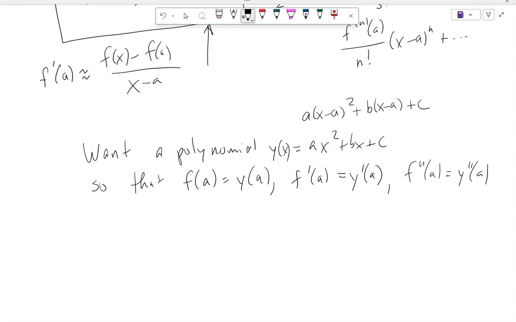What do the first two terms become if I plug in a for x? Not a trick question. What could it become? 0, right? So it makes those things go away, right? So if I want this to be true, then my c has to be the function value at a, right?